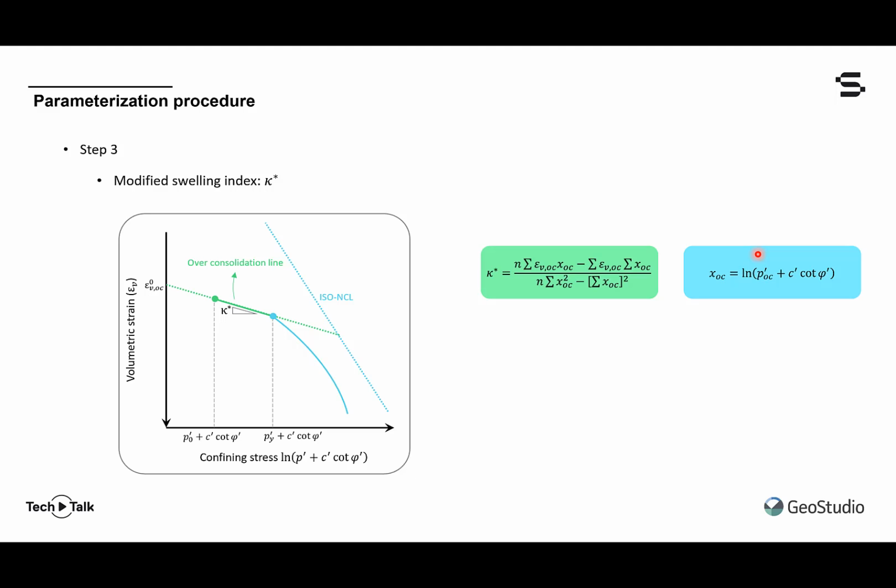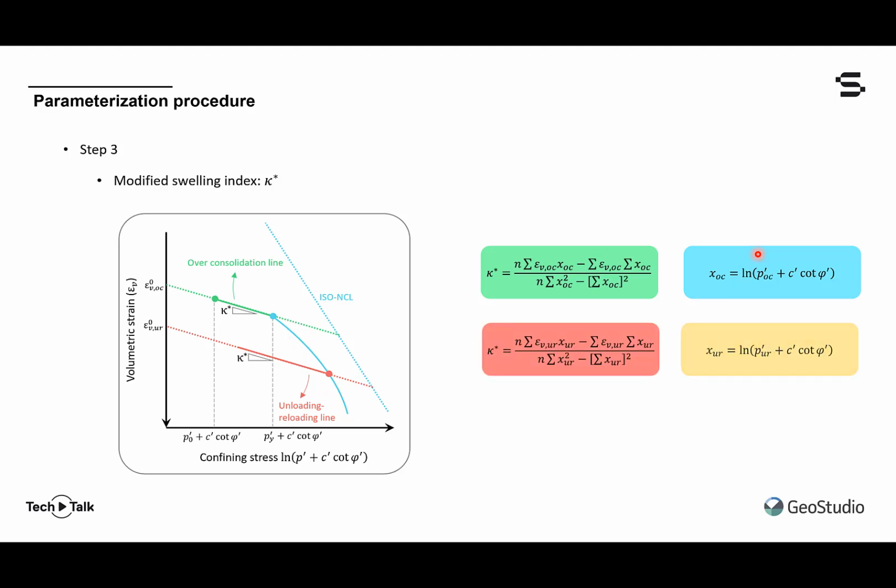Now, an alternative method for estimating the constant, kappa star, is to use the corresponding parameters measured during an unload-reload step. For a normally consolidated soil, this unloading-reloading process is required for estimating the kappa star value.